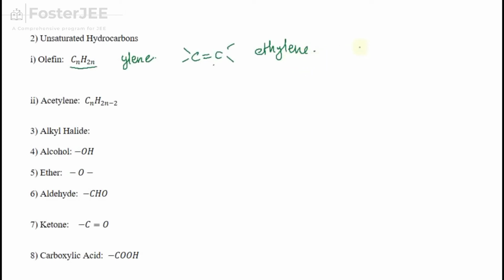Similarly, when a carbon atom is linked with three other carbon with a double bond, then the name is propylene, because the suffix used for olefin is ylene.